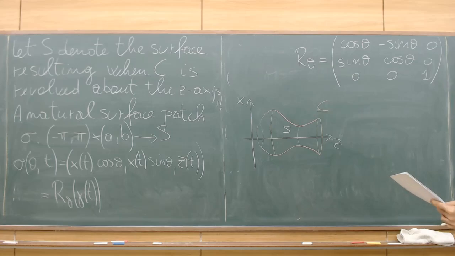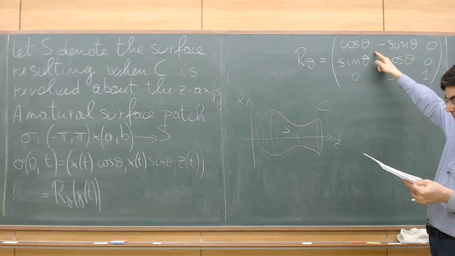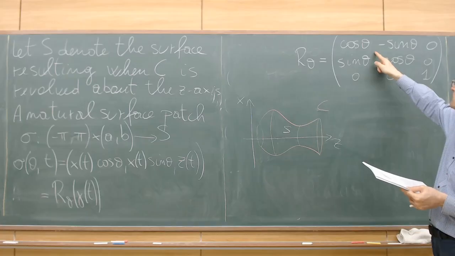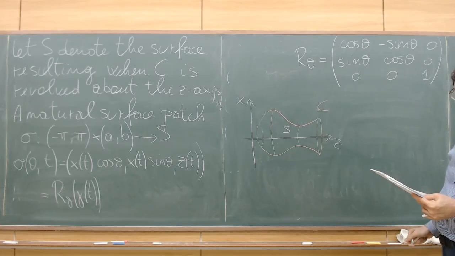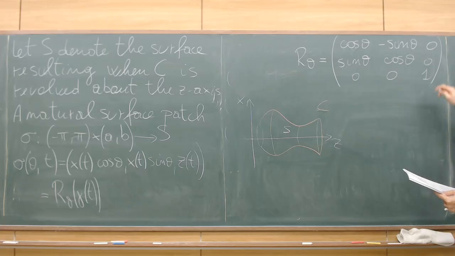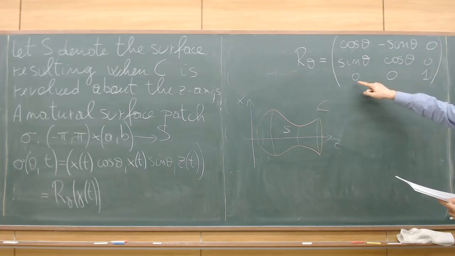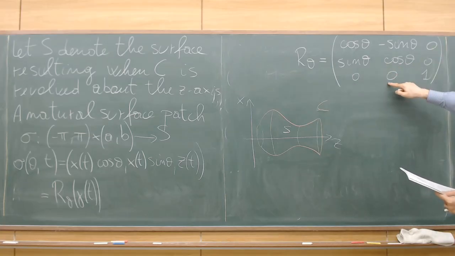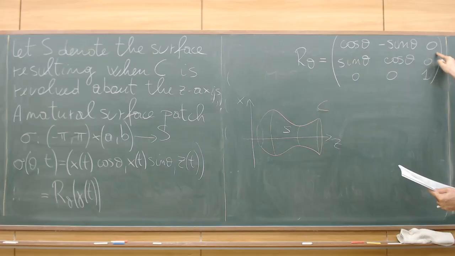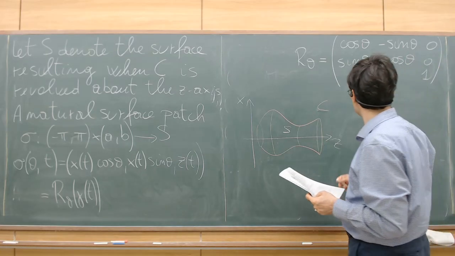This rigid motion essentially is a rotation by an angle theta around the z-axis. Why the z-axis? Because the third row and the third column are 0, 0, 1.